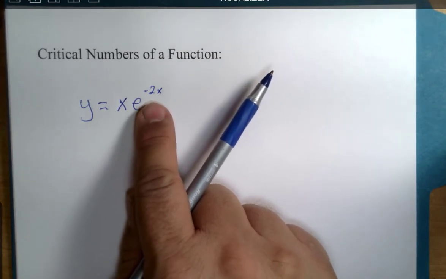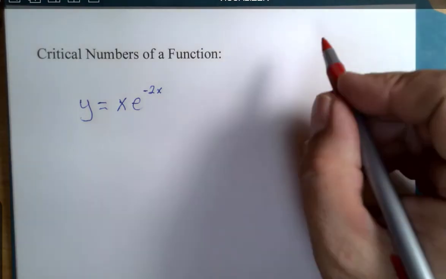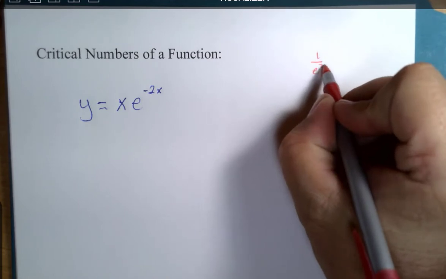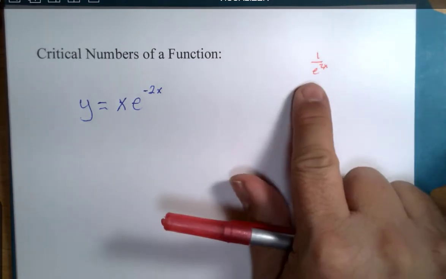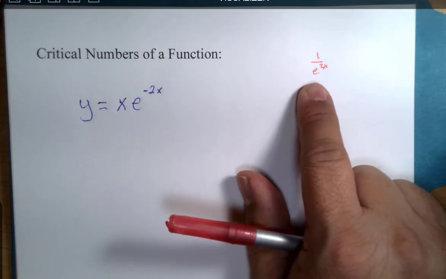Recall that with a negative exponent, we could consider e to the negative 2x as 1 over e to the 2x power. e being a positive number, this is never going to be undefined, because e to a power will never be 0.